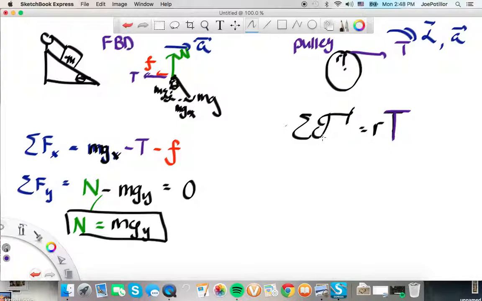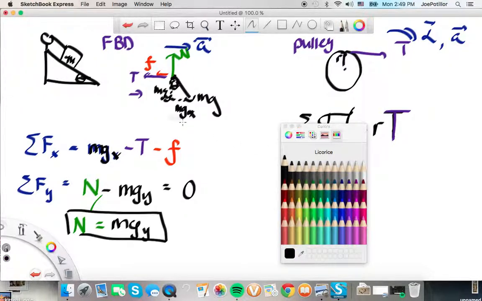We know the angle, so we know that mg x and mg y have to be written in terms of the angle. If we look at the picture here, we can see mg y is equal to mg cosine of angle theta, and mg x is mg sine of theta.